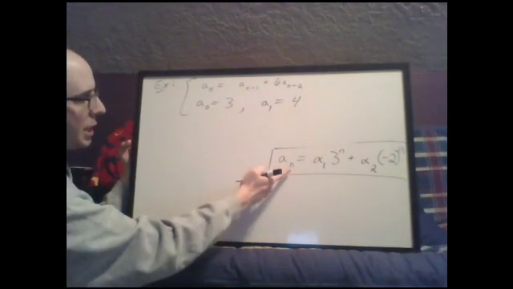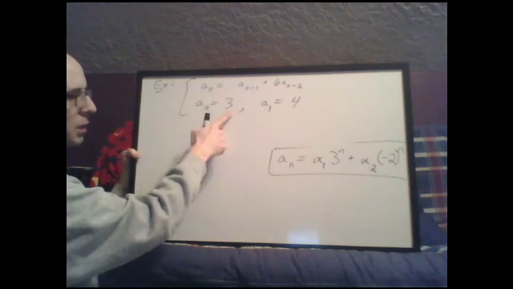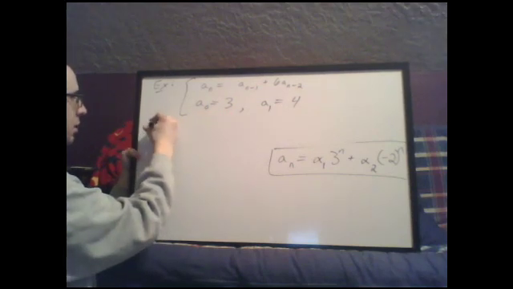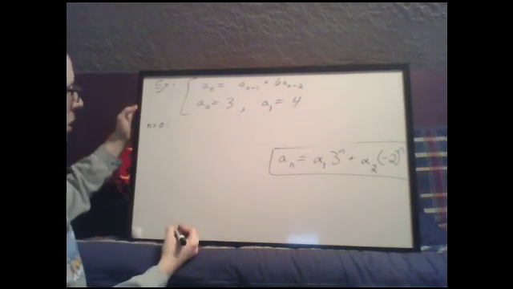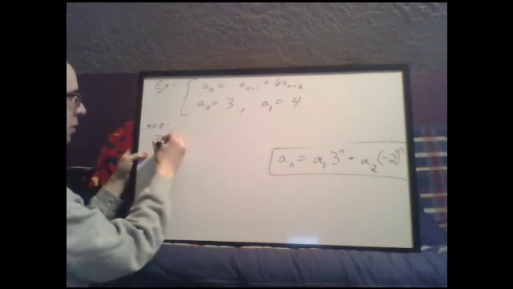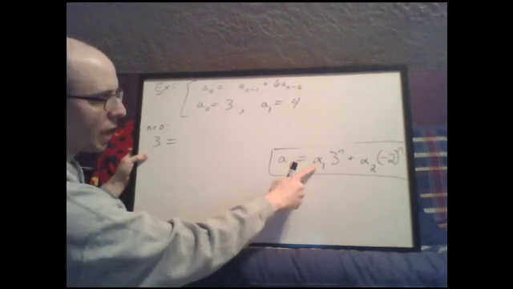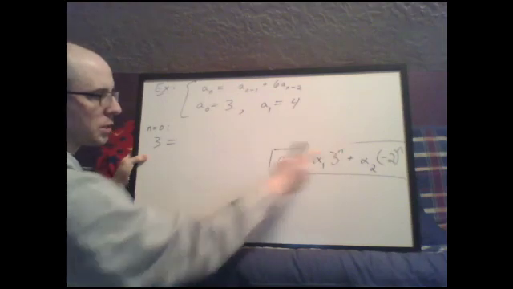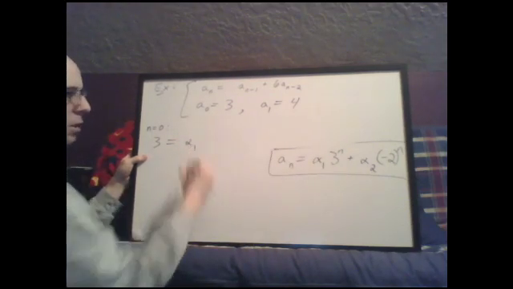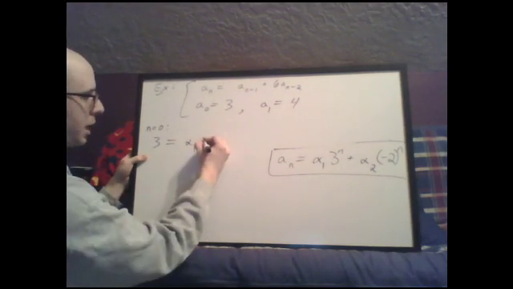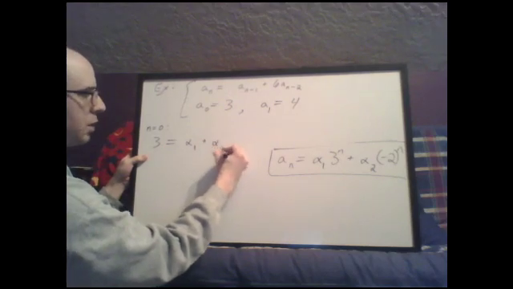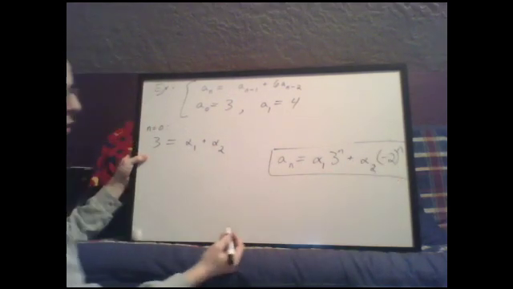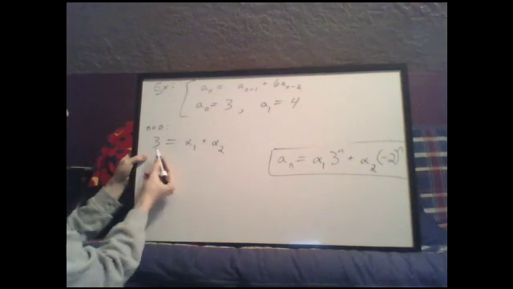If I plug in n equals 0, I'm supposed to get 3. I'll get alpha 1 times 3 to the 0, which will be alpha 1, plus alpha 2 times negative 2 to the 0, which will also be 1. So alpha 1 plus alpha 2 equals 3.